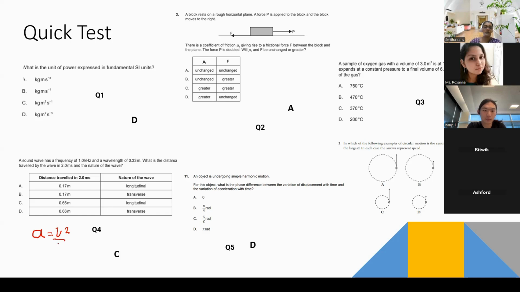And A and R are inversely proportional. So if radius is smaller, acceleration is bigger. A and R are inverse, while A and velocity is direct. Yes. What is the final answer? I think Ritvik has got it correct now. C is the answer. Good.